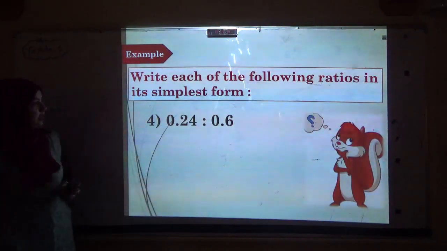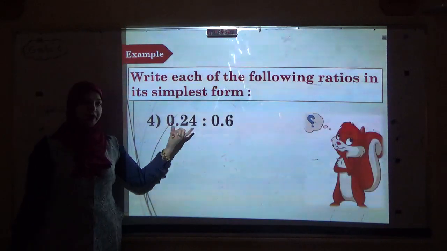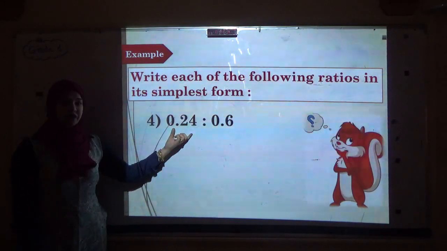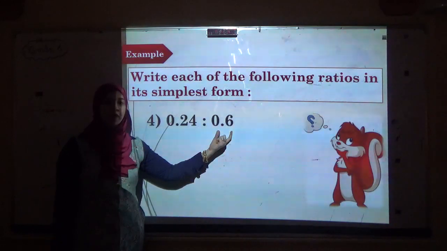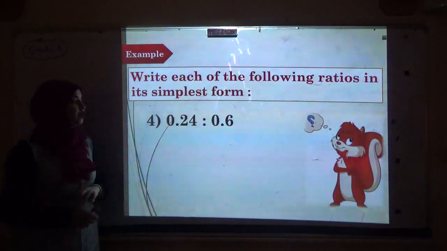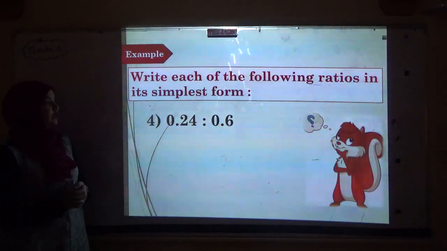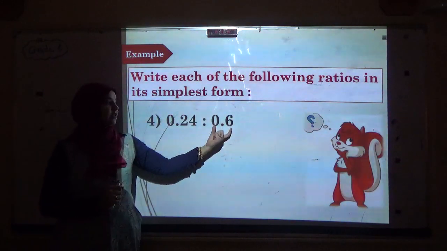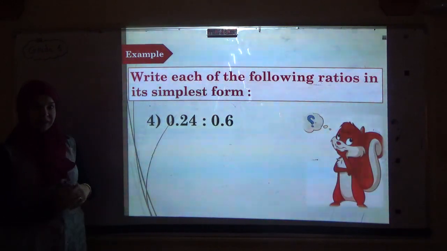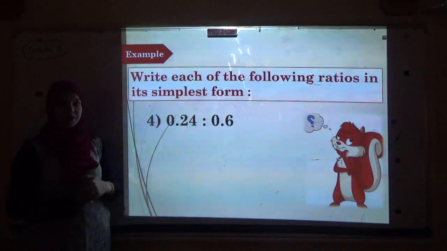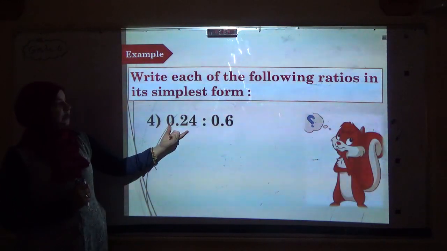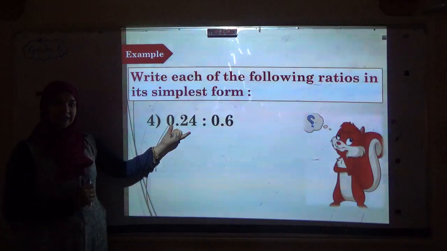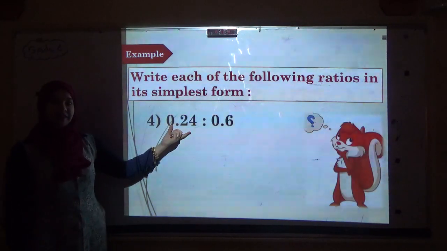In this example, 0.24, here the decimal point is after two digits, but in the other term the decimal point is after one digit, and we should cancel the decimal point. So if we multiply this term by 10 to cancel the decimal point, we should multiply the other term also by 10. But here 0.24 multiplied by 10 becomes 2.4, still a decimal number.